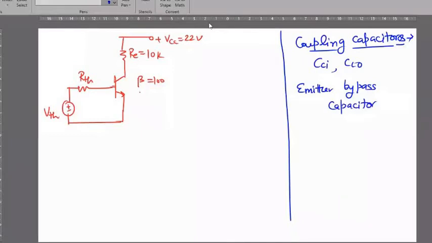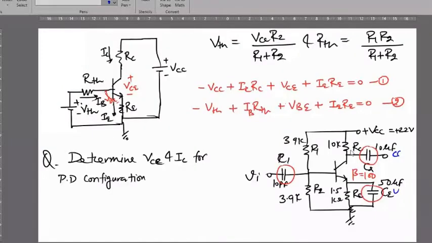Specifically, this is CC input, this is CC output, and this is CE.